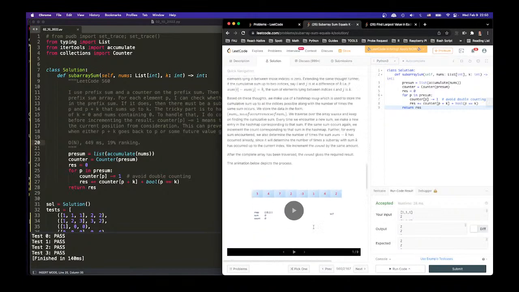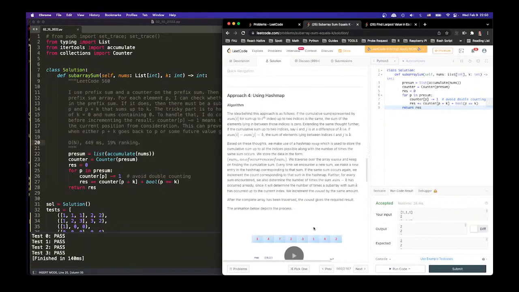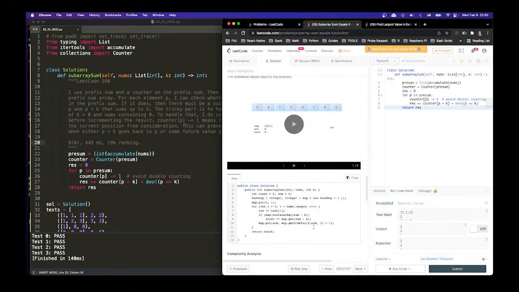Yeah, this is approach 4, right? Let's see if we are thinking about the same thing. Map.put 0 and 1. Okay, so doing this, if map contains key sum minus k, count plus equal to this.